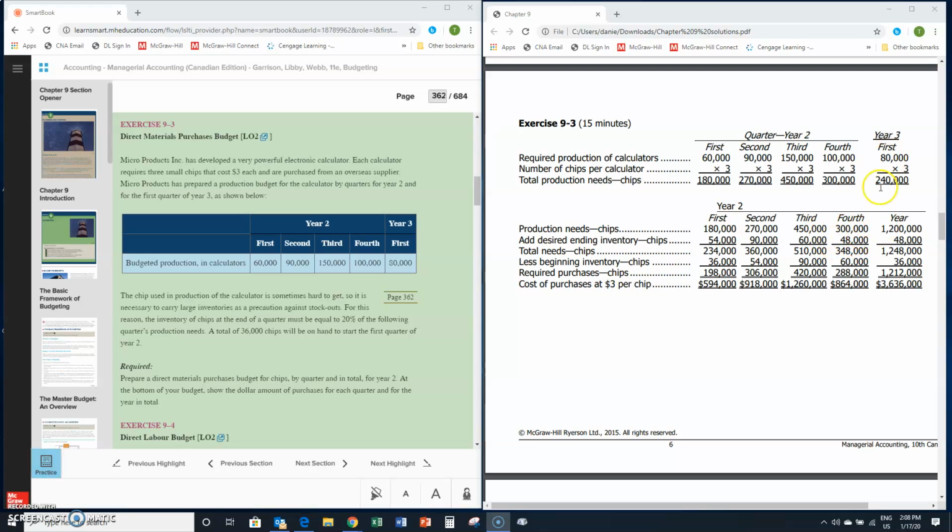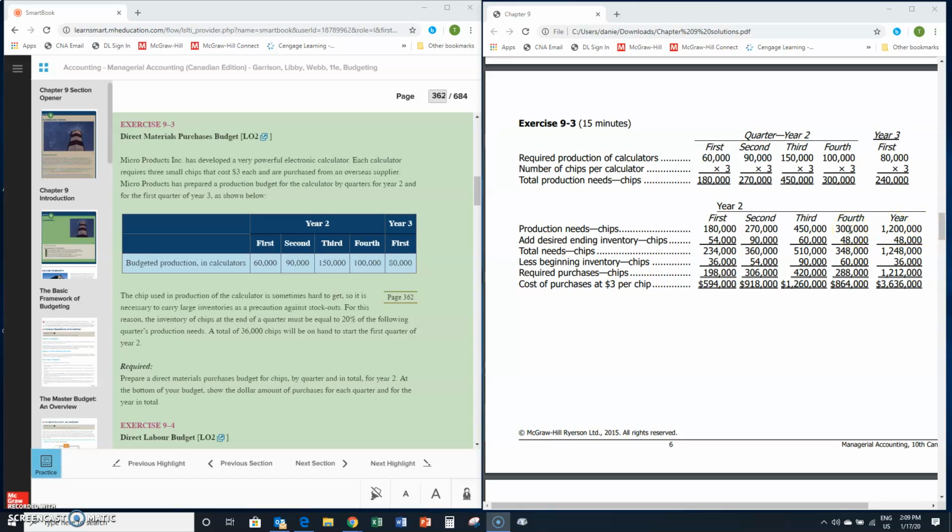Like I said, that number can be given to you in several ways. Again, I will point out that desired ending inventory for chips is not a total. You total across to get your production for the year.